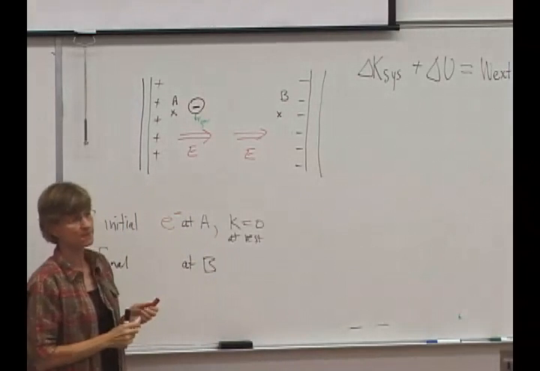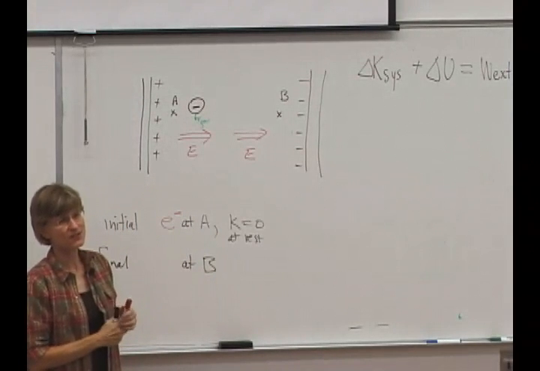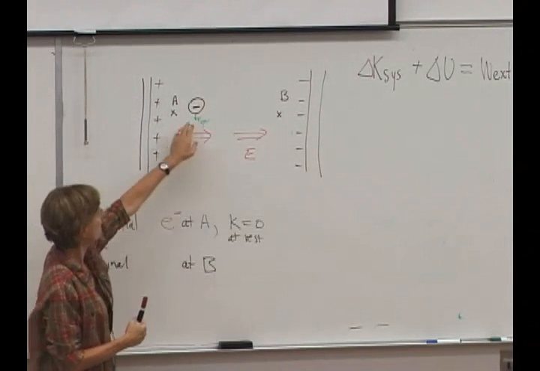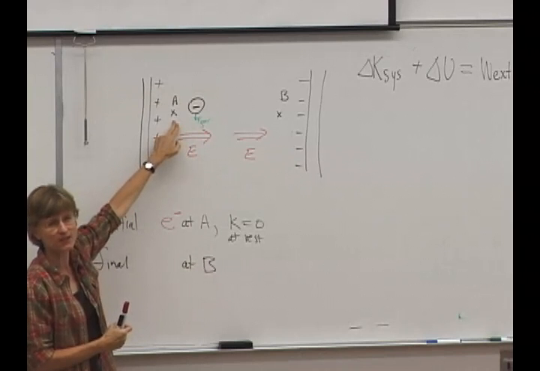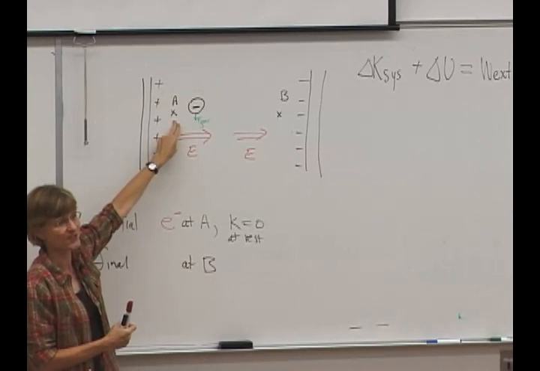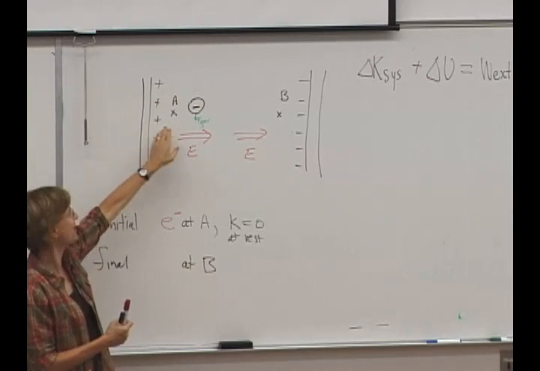Gonna move it to B. Now this is kind of a different situation, isn't it? If I release an electron here at rest, is it going to go to B? No, it isn't, is it? It's going to go that way and hit that plate.